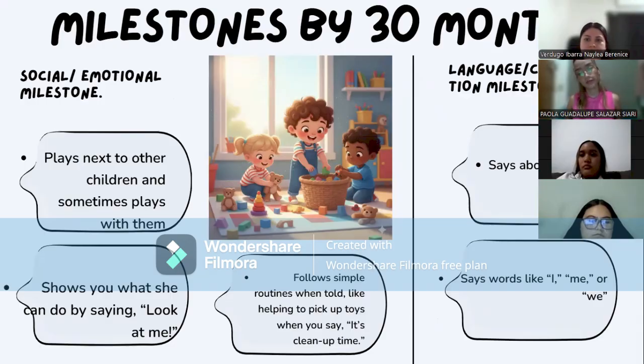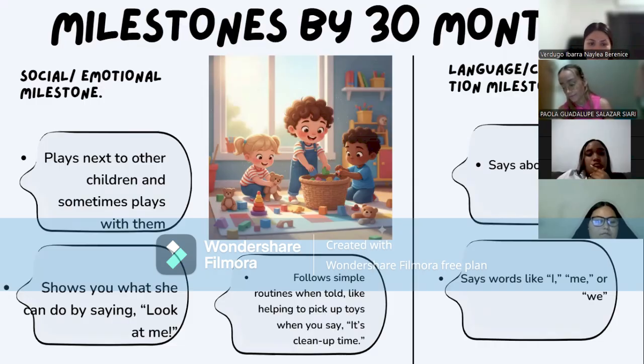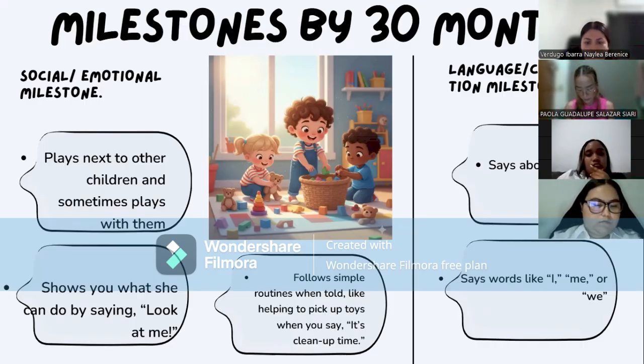Milestones by 30 months. Social emotional milestone: plays next to other children and sometimes plays with them; shows you what he can do by saying, look at me; follows simple routines, like helping to pick up toys when you say it's clean-up time.